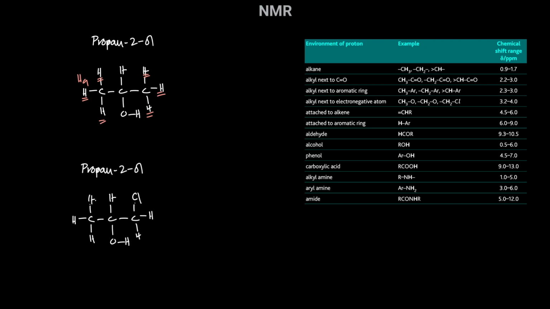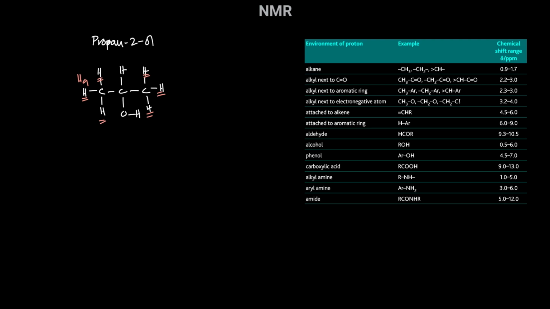So changing this hydrogen or this hydrogen gives us the exact same result. Therefore, they are chemically equivalent. So all 6 of these hydrogen atoms are chemically equivalent.